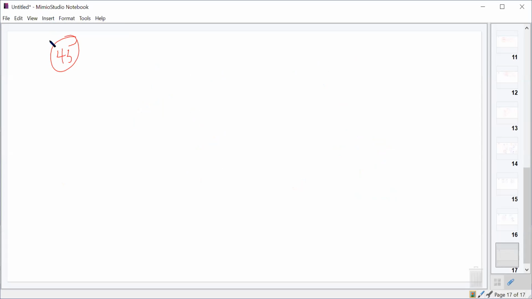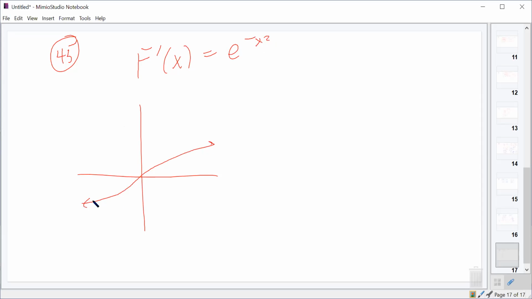We have a slope field for f prime of x equals e to the negative x squared given to us. And they've put in the solution at 0, which looks like this. And it says, with the graphing calculator, the limit as x approaches infinity of f prime of x should be equal to 1.